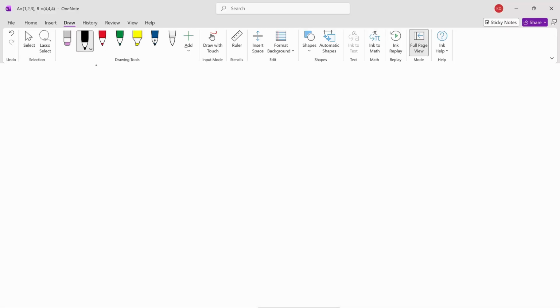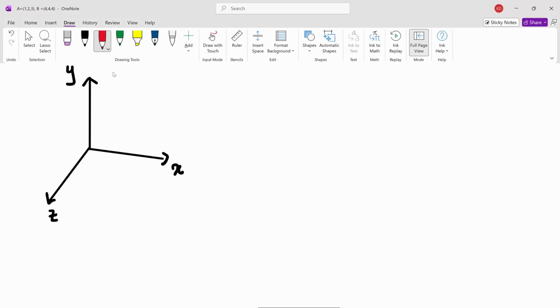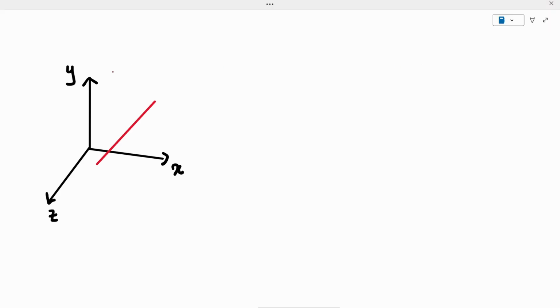Okay, so here's why the cross product becomes so important. I think I briefly gave an explanation of this in the first class, but if we have two vectors, let's say v1 goes this way, and maybe v2 goes this way.